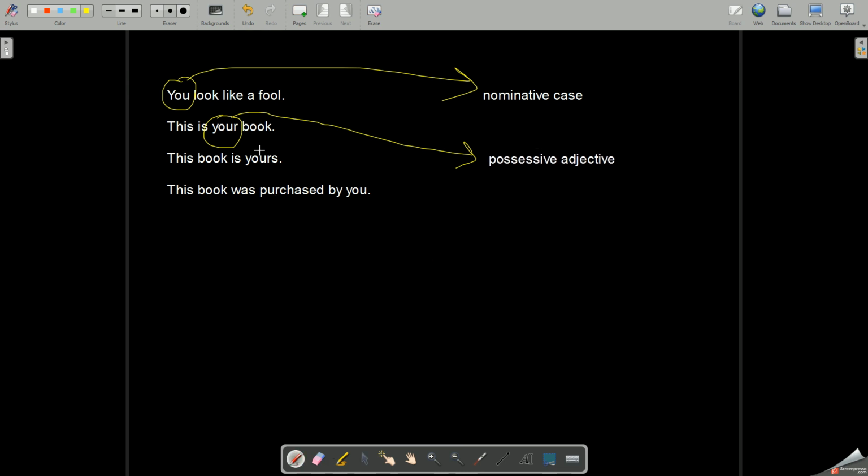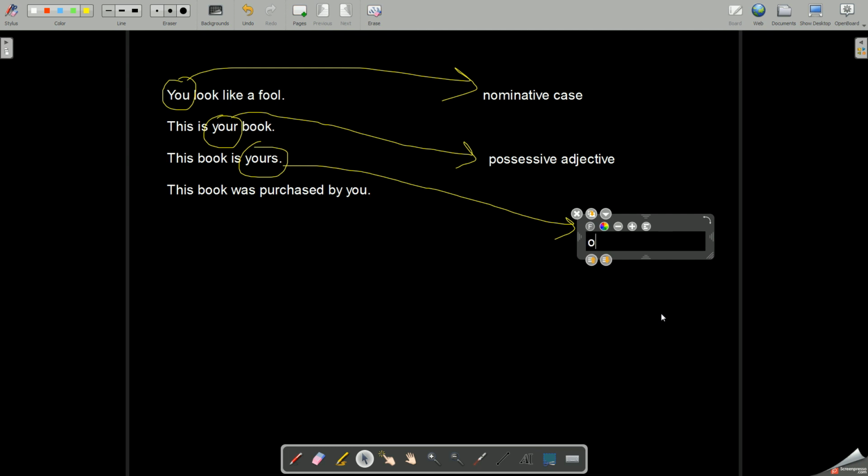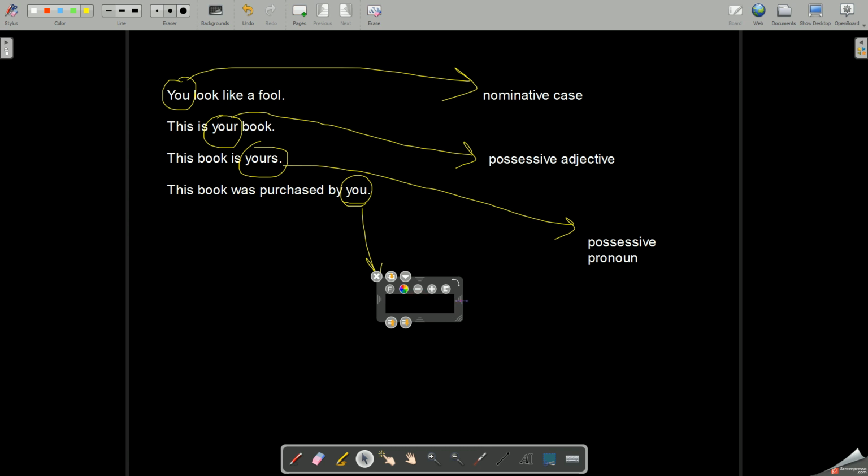And when I say this book is yours, so here this becomes the possessive pronoun. And this book was purchased by you. Purchased by whom? By you. So this becomes what? Your accusative case.